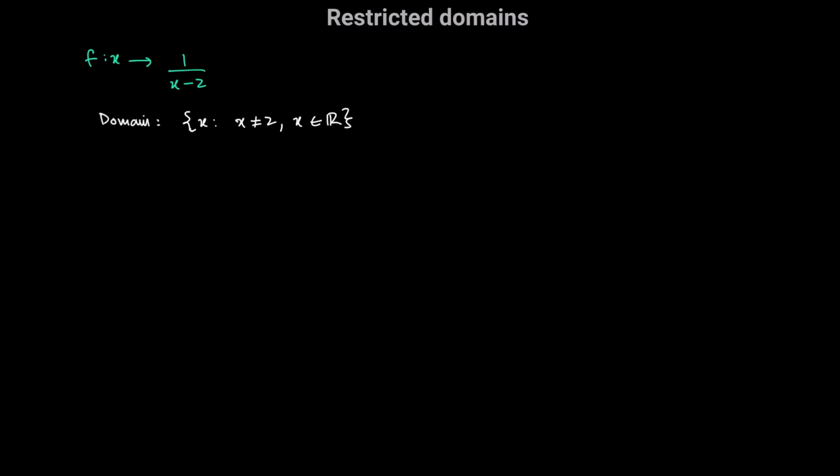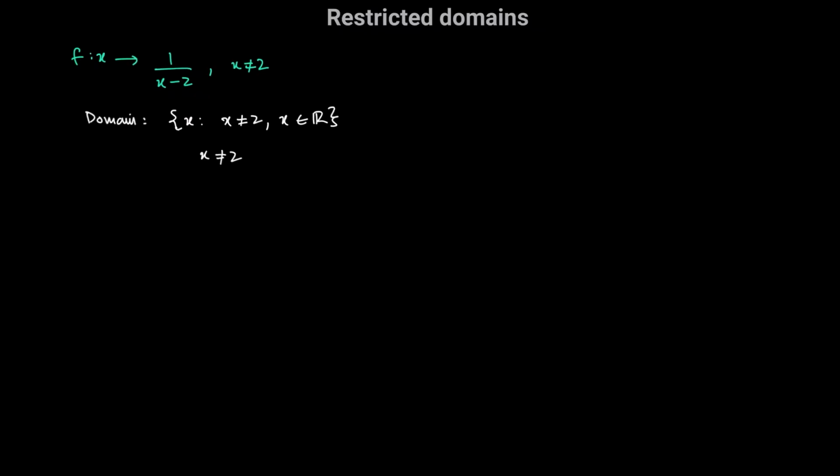Therefore, x is not equal to 2. Or more simply, we can say that the domain over here is x is not equal to 2. This is just a simplified way of stating it. This implies that x is a real number. However, x cannot be equal to 2. So we can say over here that this function is defined for all real values of x except x is equal to 2. In other words, the input over here can be any real number except 2.